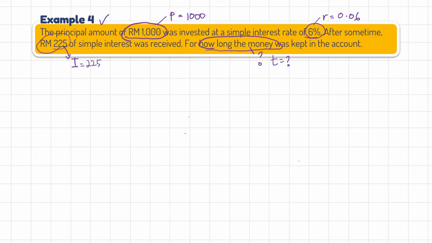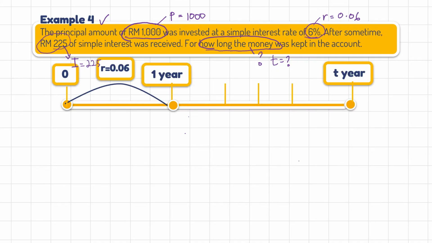Now, let's portray the information on the timeline. So, this is our timeline. Here we have 0, we have 1 year, and then this bar shows some years that are unknown until T year, the one that we need to find. I randomly put this bar just to acknowledge you guys.